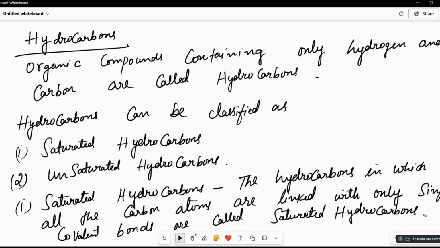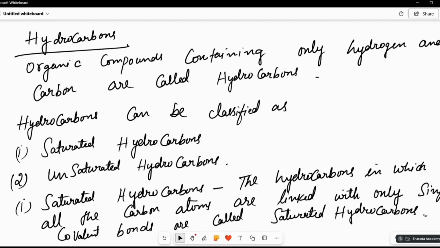Unsaturated hydrocarbons means if they contain at least one double bond or one triple bond, then they are called unsaturated hydrocarbons.